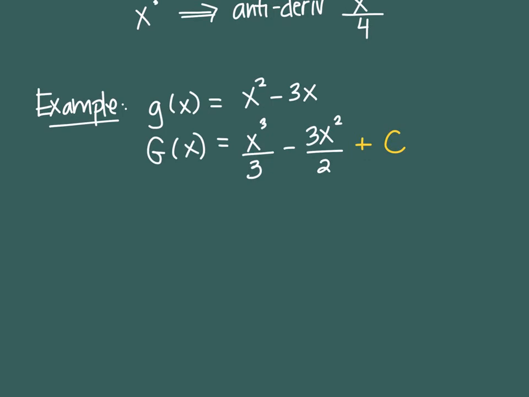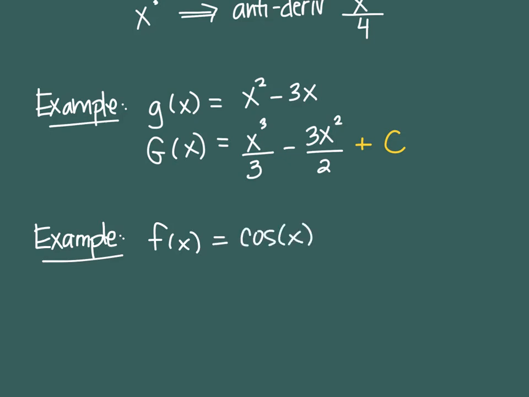Other examples we work with need to be what we recognize. So for example, if we have f of x defined as cosine of x, we need to know that its antiderivative is the function that came before it, which was sine of x.